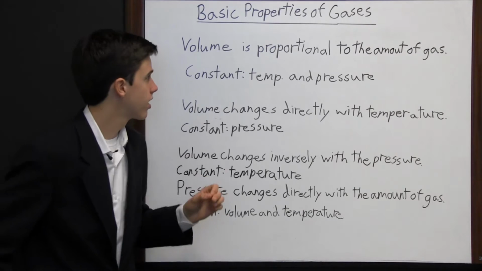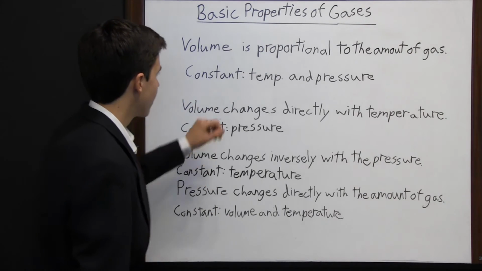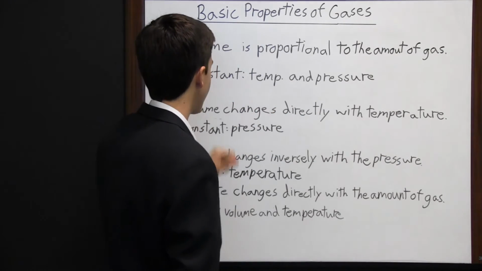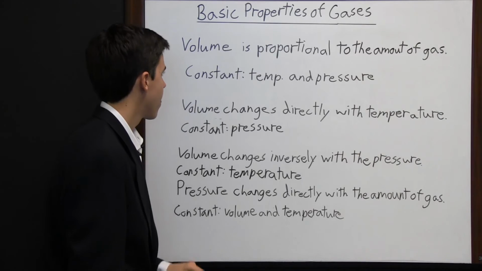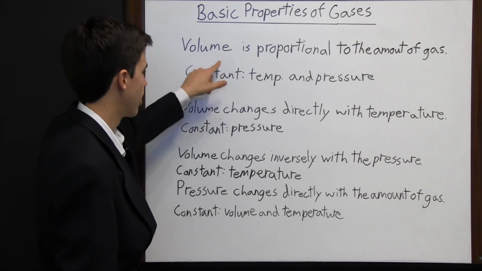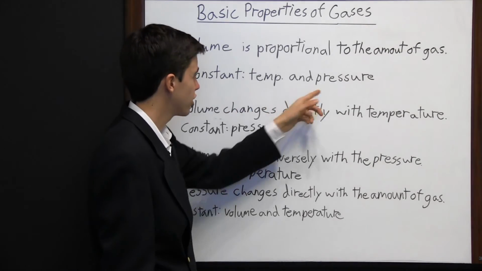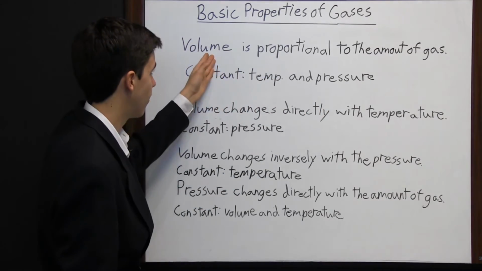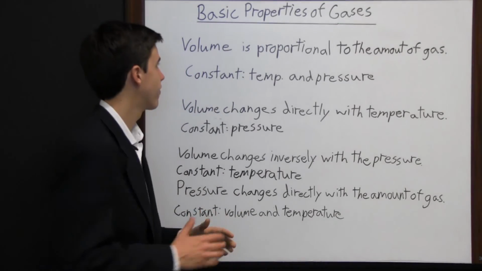So volume is proportional to the amount of gas. Now, for this to be true, the temperature and the pressure have to be constant. And you may be wondering, why is that? Well, you'll see later that temperature affects the volume and the pressure affects the volume. So if the temperature and pressure are changing, then they're also affecting the volume in addition to the amount of gas, and we can no longer really see what's really affecting the volume.